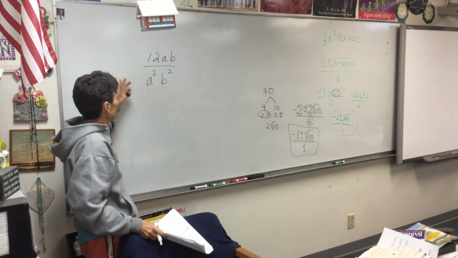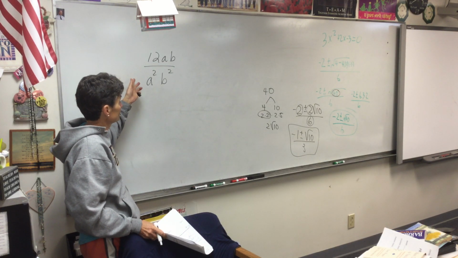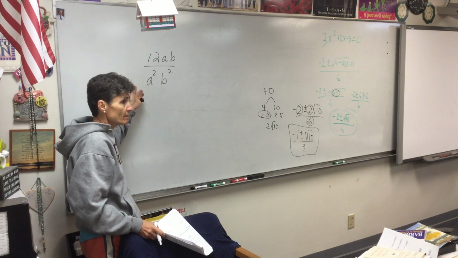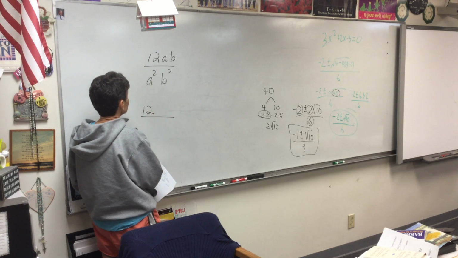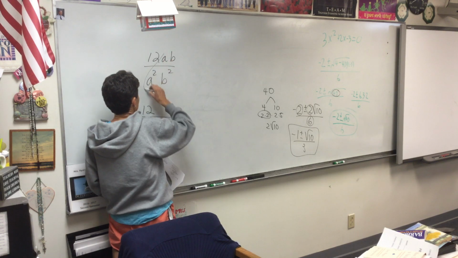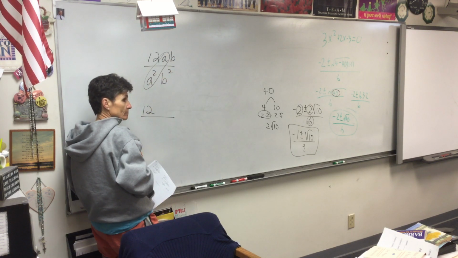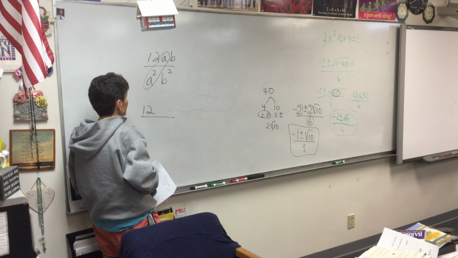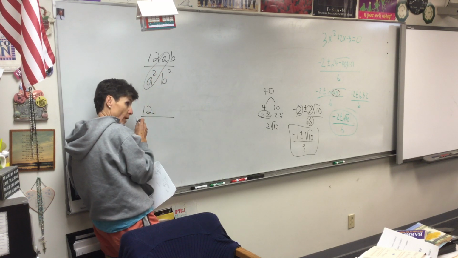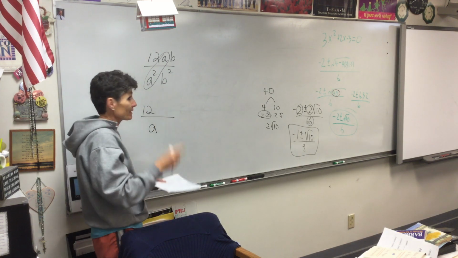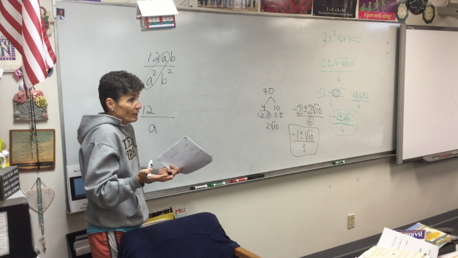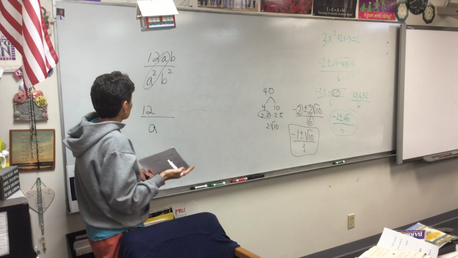When I say simplify, what do you think we're talking about doing here? Just canceling, right? So I got the 12, nothing to do with that. What's going to happen here with the a's? Well, there's 1 on the top and there's 2 on the bottom. So 1's going to be on the bottom. Think about canceling them out. Don't you have an extra 1 on the bottom? What about the b's?